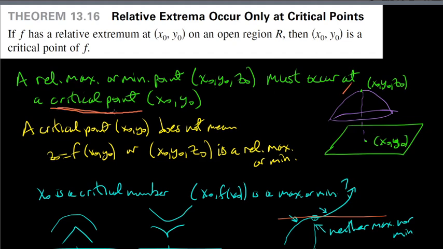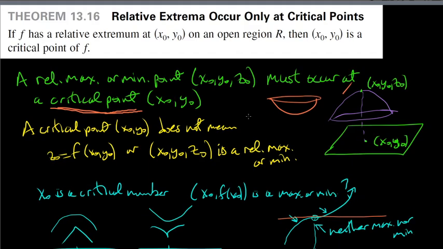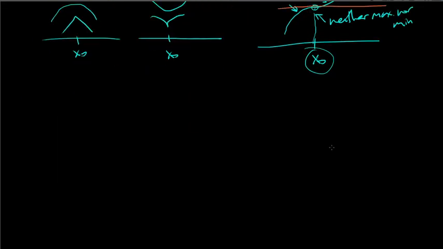Just because you have a critical point, it doesn't tell you whether it's a maximum or a minimum. It could be a maximum, it could be a minimum, but it could be neither, just like in this picture here. So just be aware of that. That's this theorem that tells you maximum or minimum points occur at critical points, but not vice versa.